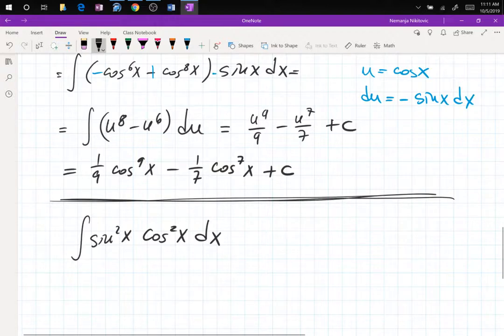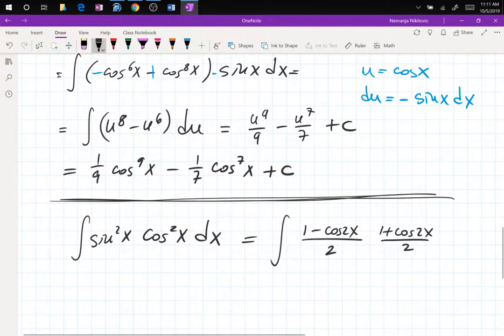So now, there are a few different ways we can attack this. I'm going to go with the standard way and then the boss way after that. The standard way is you just deal with these two using power reduction. So we're going to power reduce both of these. We have 1 minus cosine 2x over 2 and 1 plus cosine 2x over 2.